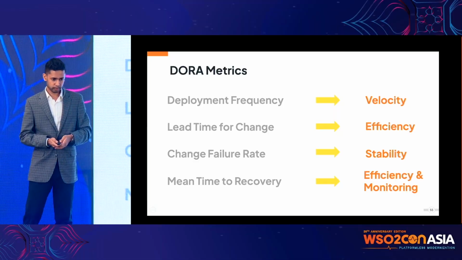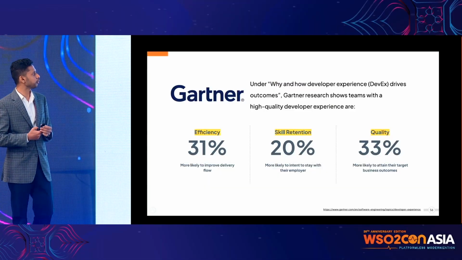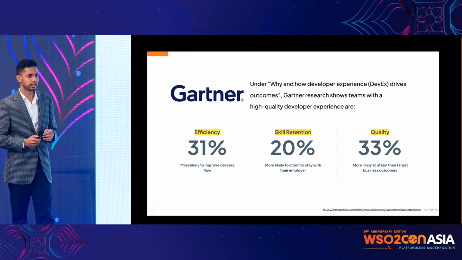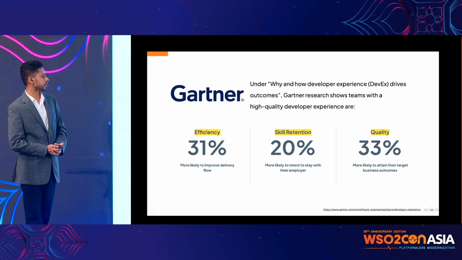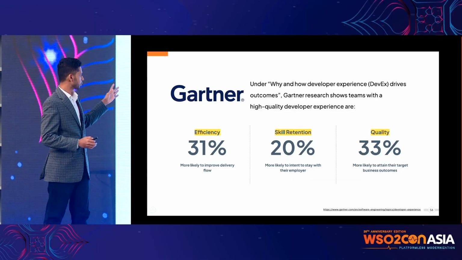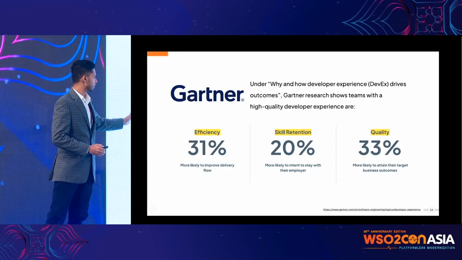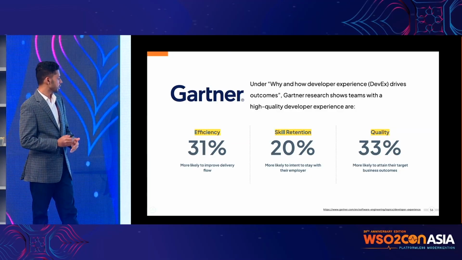One more factor to support that: this is actual data from Gartner's Why and How Developer Experience Drives Outcomes. They conducted research with a set of developers, and from those numbers, I want you to focus on the left and right-hand side: 31% more efficiency.